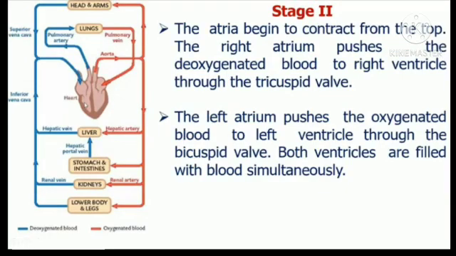Stage 2. The atria begin to contract from the top. The right atrium pushes the deoxygenated blood into the right ventricle through the tricuspid valve. The left atrium pushes the oxygenated blood to the left ventricle through the bicuspid valve. Both ventricles are filled with blood simultaneously.